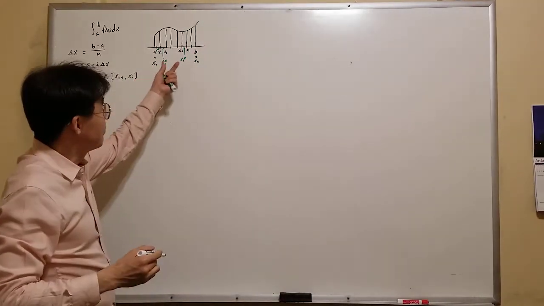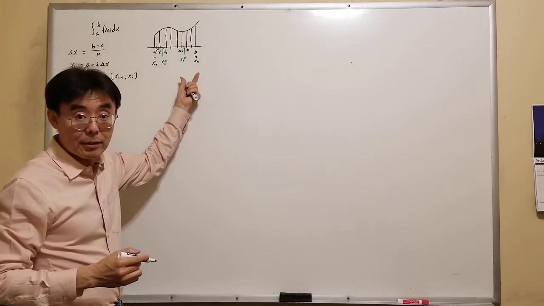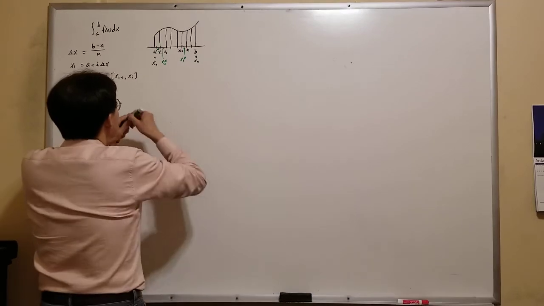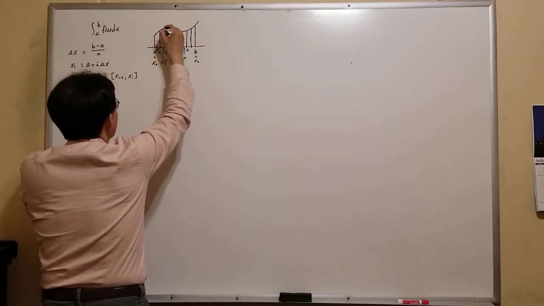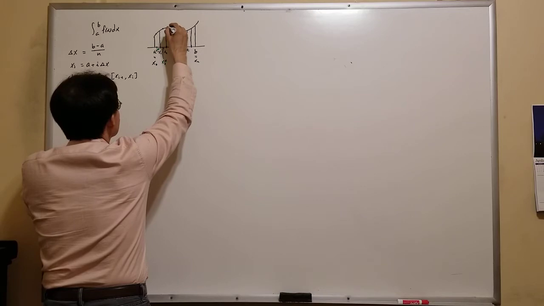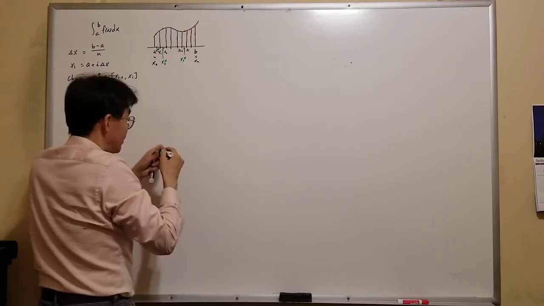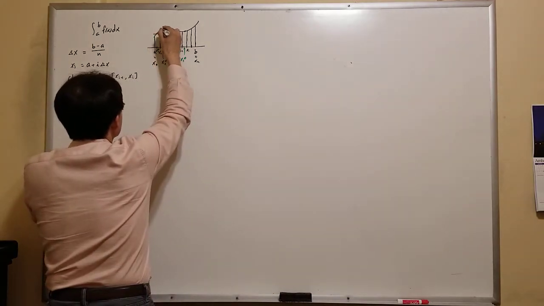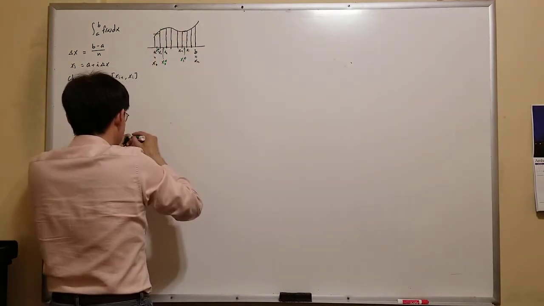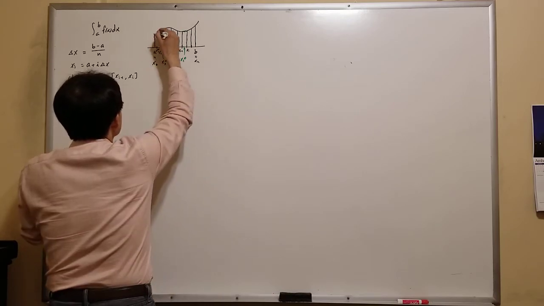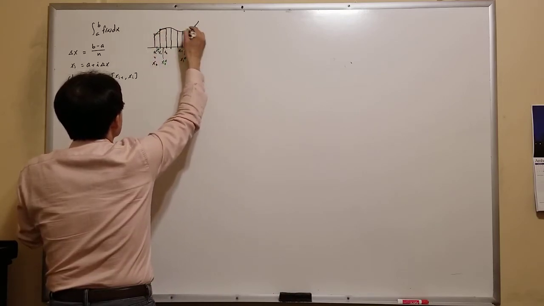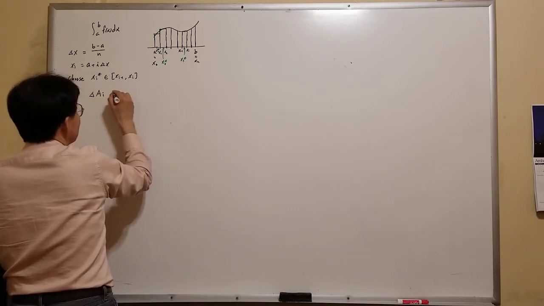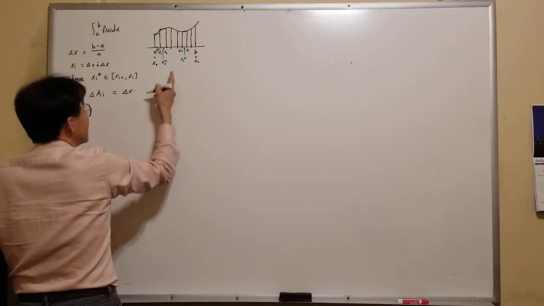Now the width of the rectangular columns are all delta x. The height will be determined from the y coordinate at the point corresponding to this xi star. So the area of the ith column would be delta x times the height.